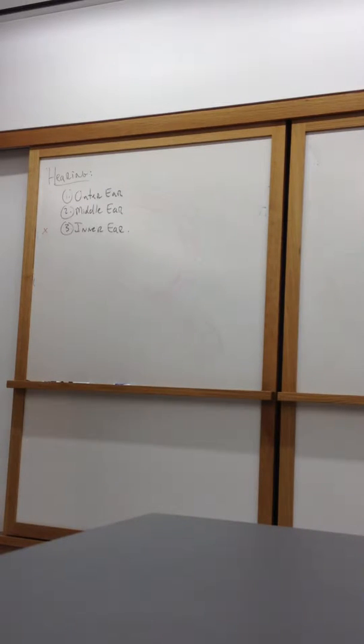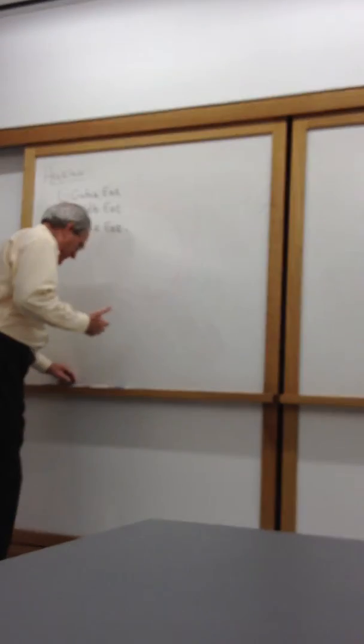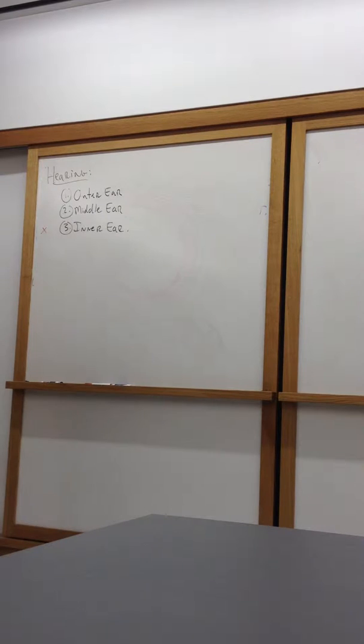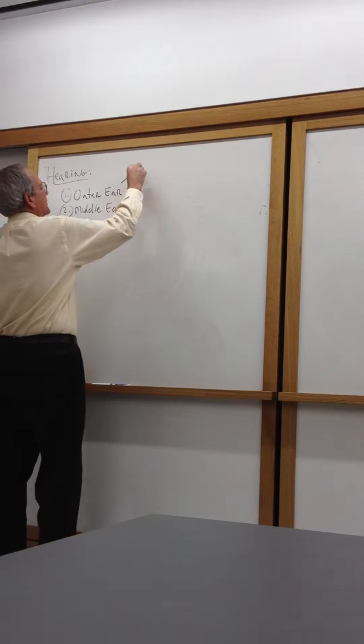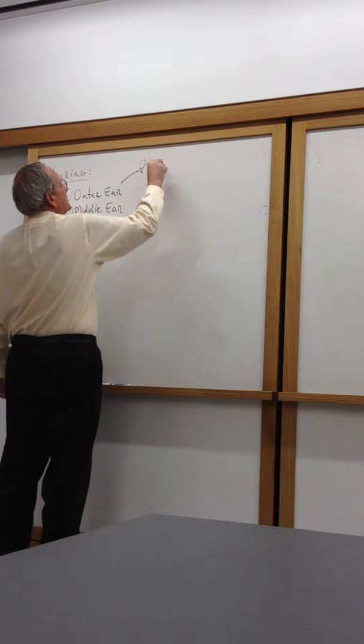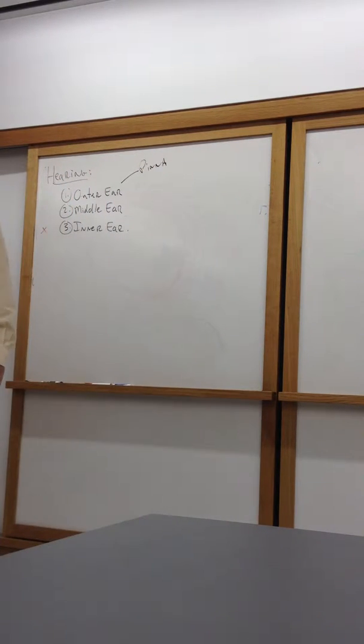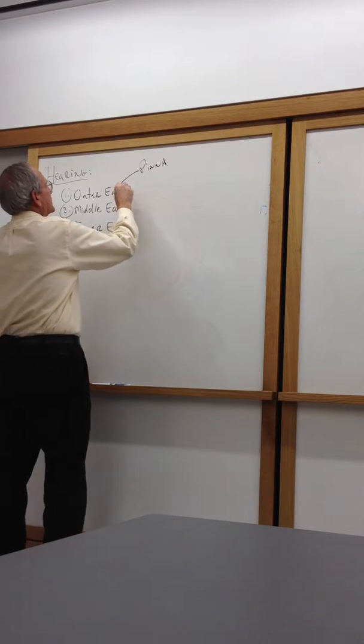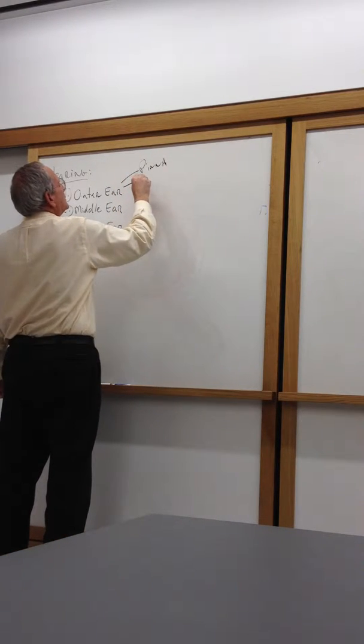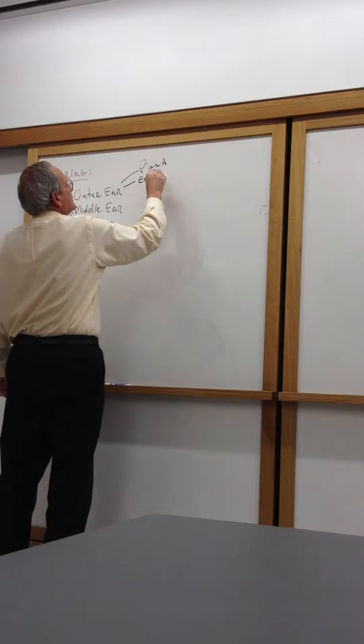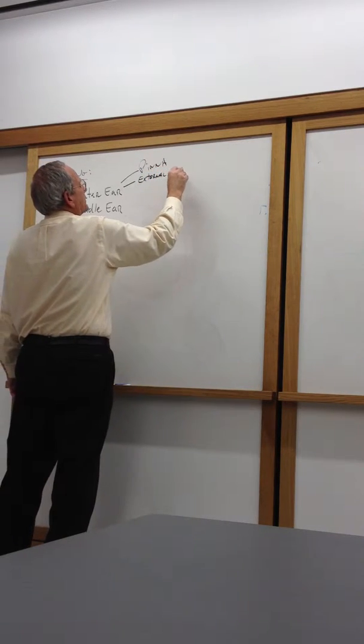So we have three major structures, or three categories of anatomy, when we talk about the ear. The outer ear, which includes the pinna, that's the flappy cartilage part of your ear here, and includes the external auditory meatus.